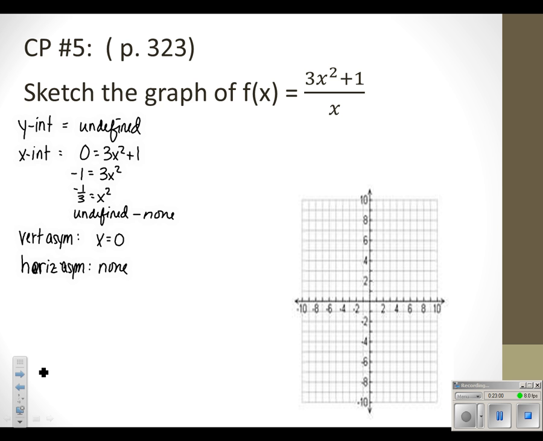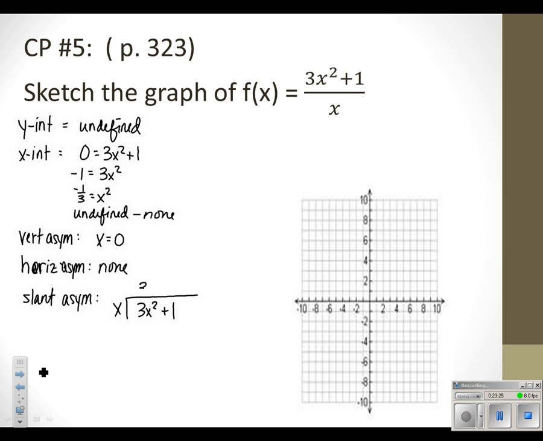But if you remember our last slide, the top degree is 2 and the bottom degree is 1, and that differs by exactly 1. So we're going to be able to find a slant asymptote. Remember from the previous slide, we find that by doing the division of our two functions. So we're going to go ahead and divide.